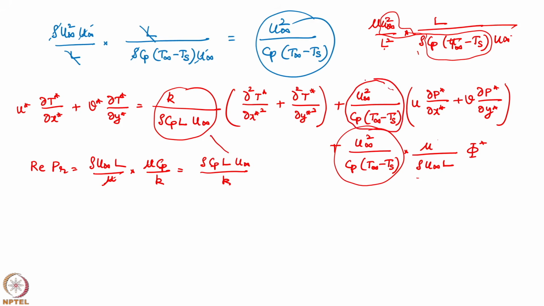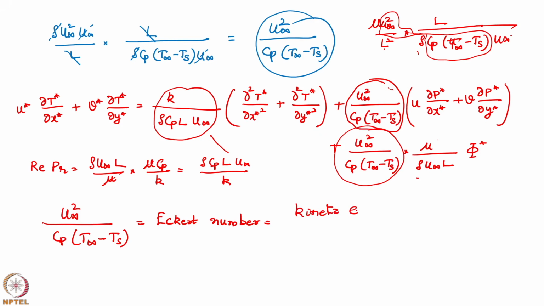Now, u infinity squared by Cp into T infinity minus Ts is called the Eckert number. What does this represent? u infinity squared is the kinetic energy with which my fluid particle is moving, and Cp into T infinity minus Ts is the thermal energy. So, the Eckert number represents how much of the kinetic energy is transformed into thermal energy when it is moving.